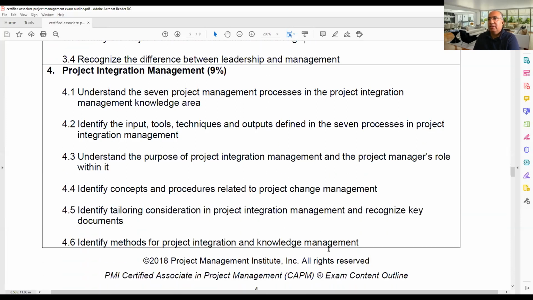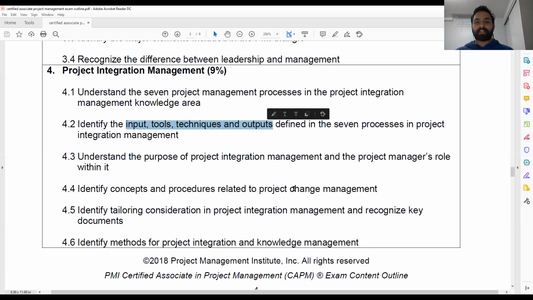Under integration, what are the important points? For the starting of the project, you have to understand what the inputs, outputs, and tools and techniques of the project are. So you need to remember these by heart.